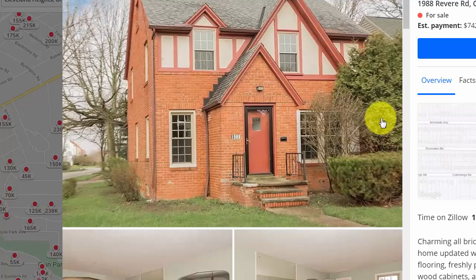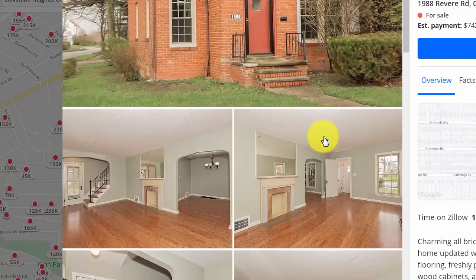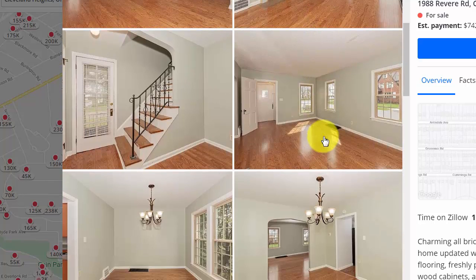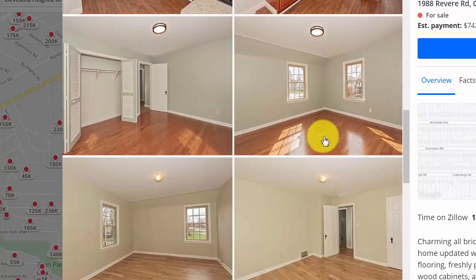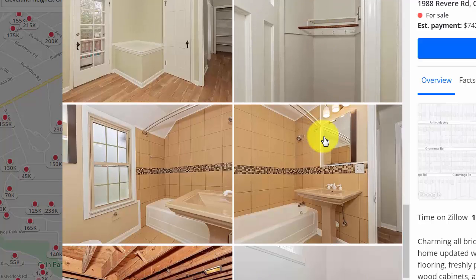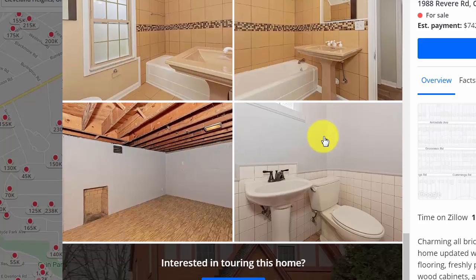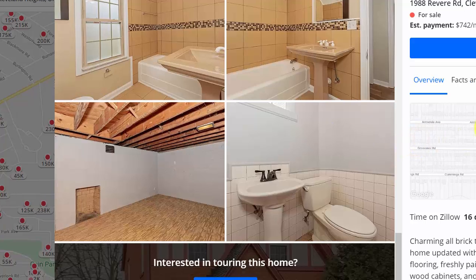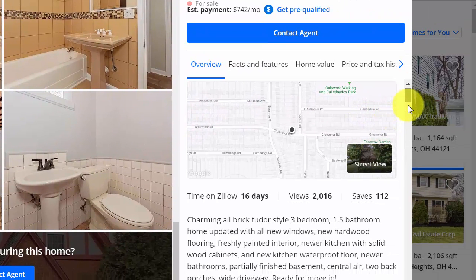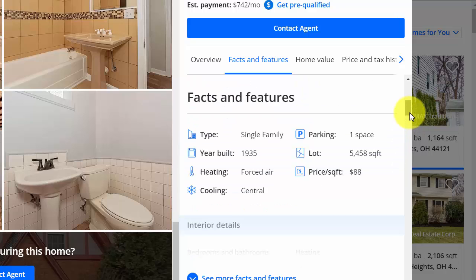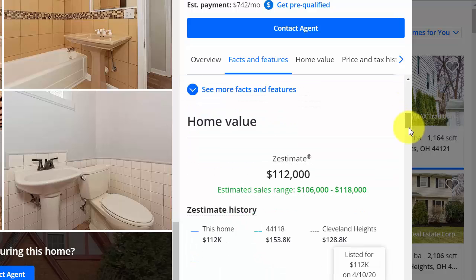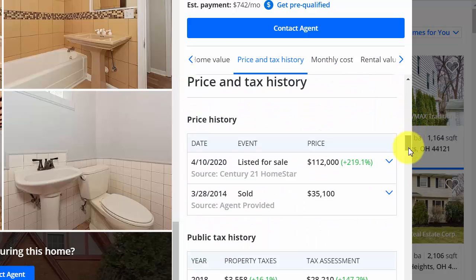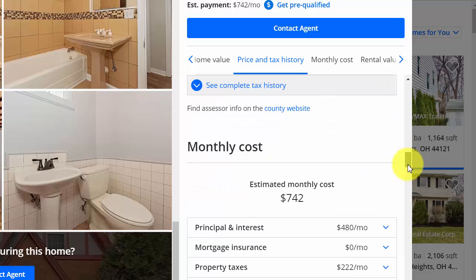Okay, now we said it was $112,000. Here's the address, and you can look at the house by scrolling down to see how many rooms they have and if it's adequate for what you want. Then you'll notice over here to the right, we have information about it: heating, central cooling, the home's value, the price history, and the monthly cost.